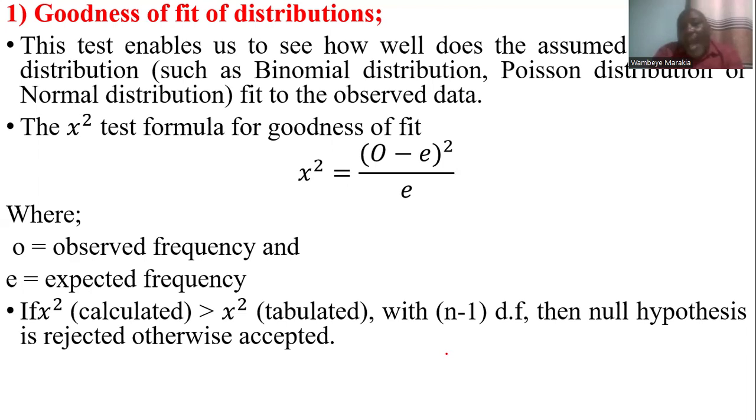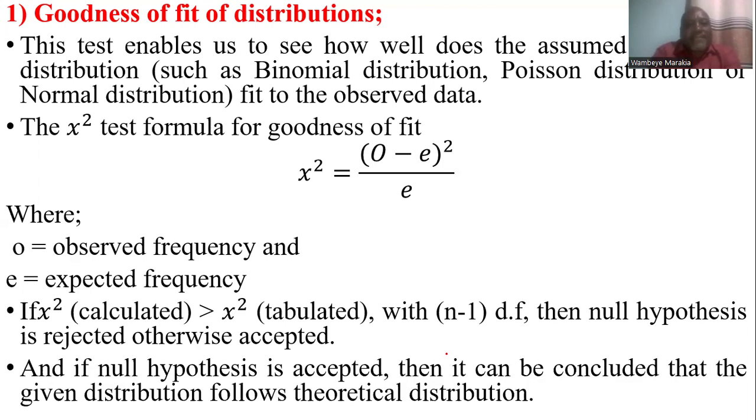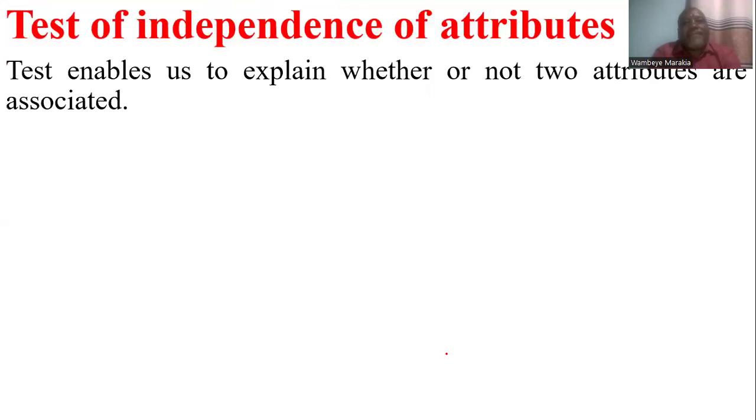Let us see how we use the chi-square in the test of independence. Now, the test of independence enables us to explain whether or not the two attributes are associated.